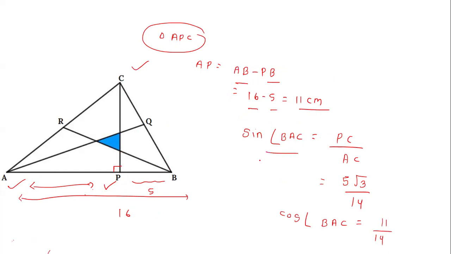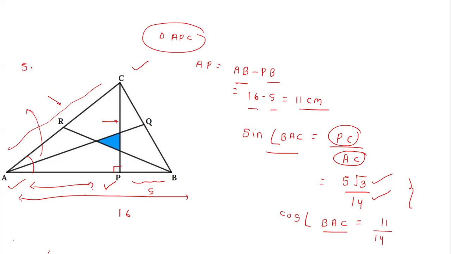The sine of the angle BAC, this angle, is equal to this perpendicular height divided by this hypotenuse, which is AC. The AC value, as we know, is 14, and PC we also calculated previously, it is 5 root 3. So the sine of this angle is coming as 5 root 3 by 14.